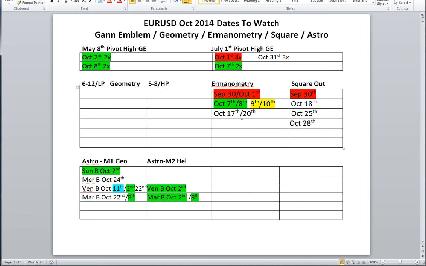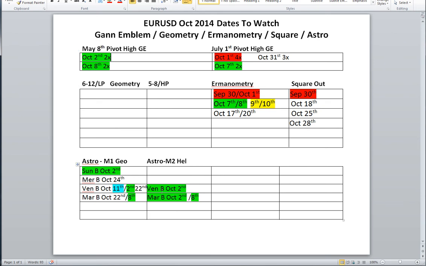Could be a possible pivot low if we take out the 24.99, and this is going to be determined this week how this 9th and 10th gets color coded, but these were negative, didn't work out. This square out on the 30th didn't hold, the first didn't hold here. This gives us a nice little pop, the 2nd and the 8th, and like I said, October 30th gets 3 hits. Will be last week of October, should be an interesting day to watch.